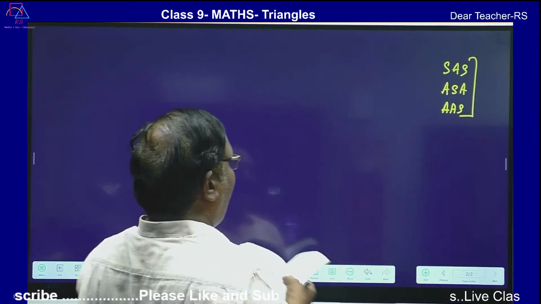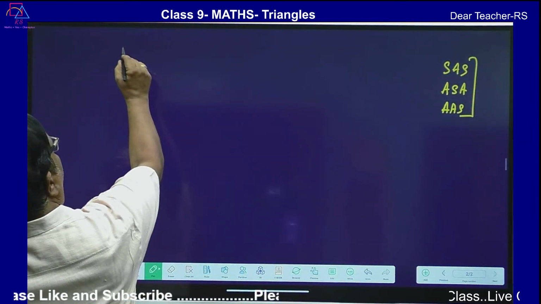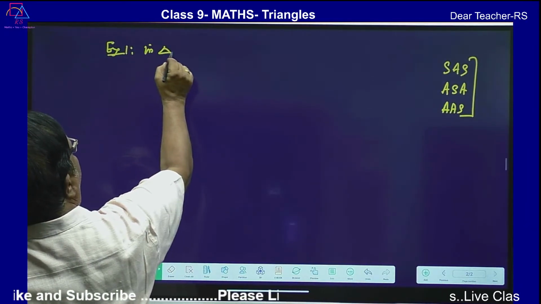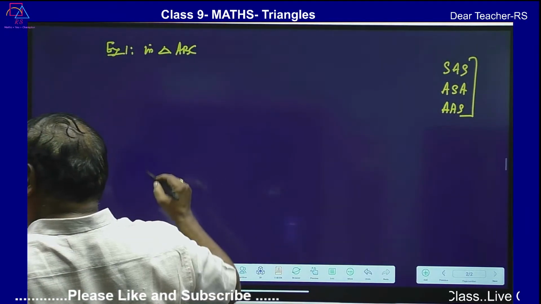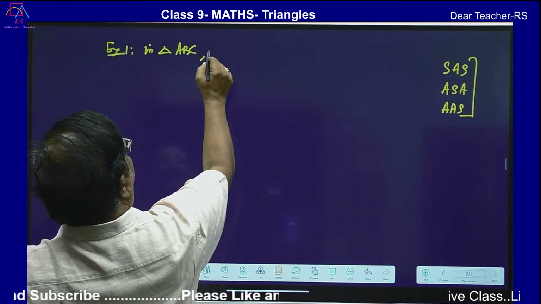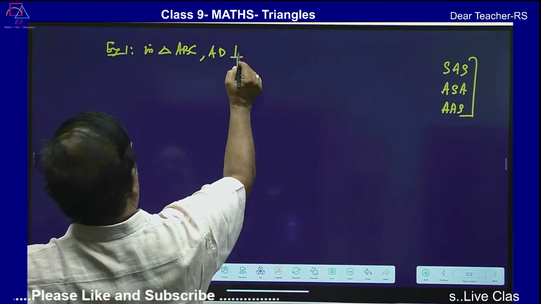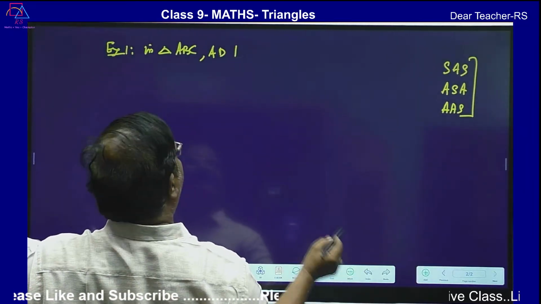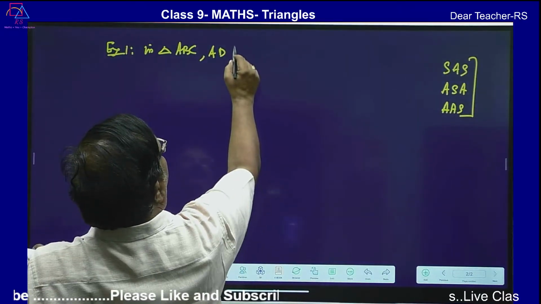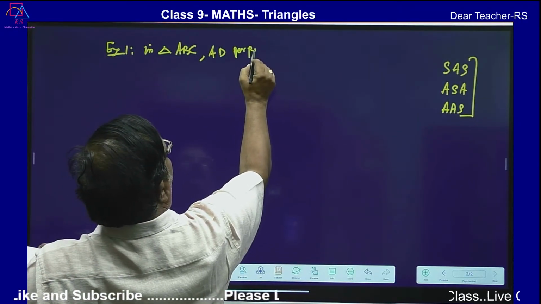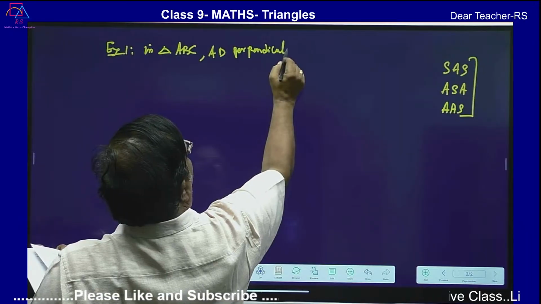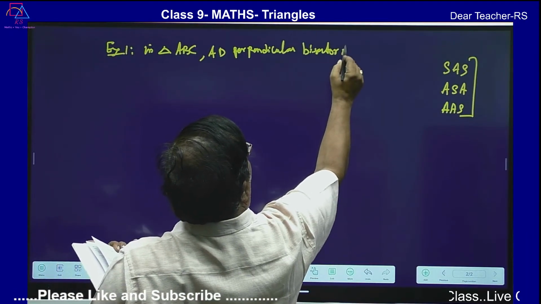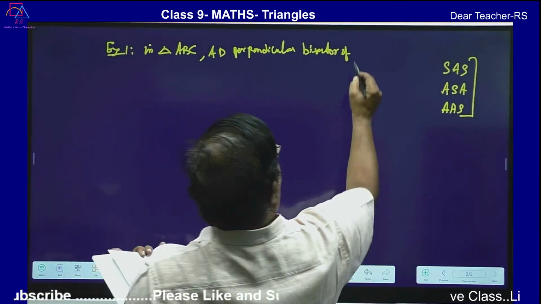In triangle ABC, my first question, you can write it as Example 1. In triangle ABC, AD is the perpendicular bisector of BC.